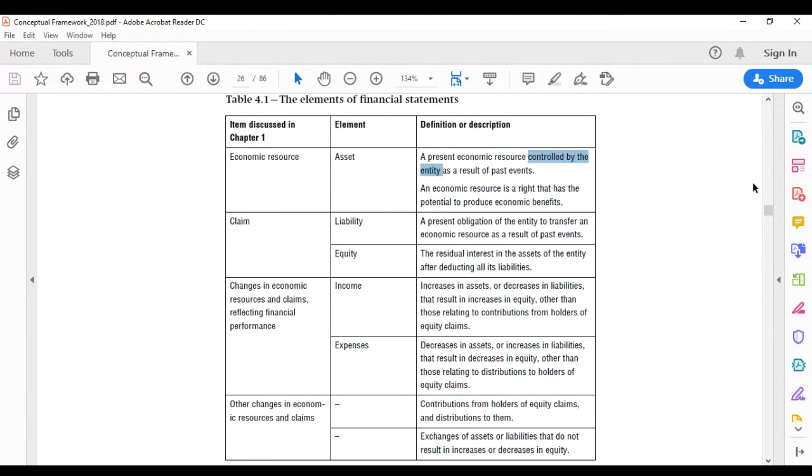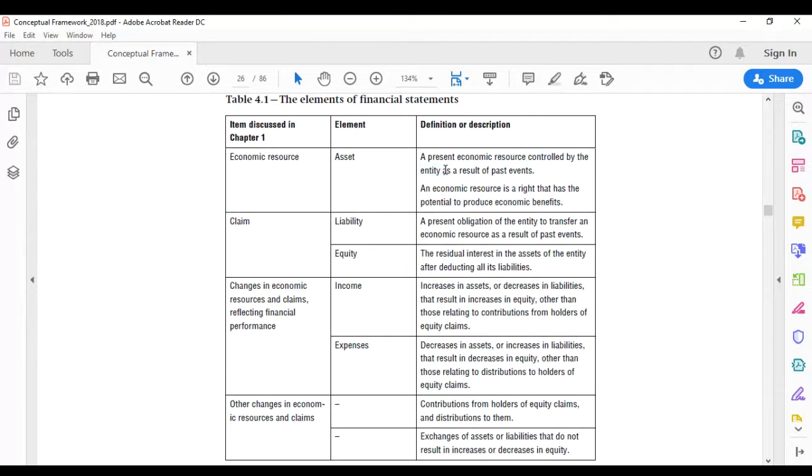A finance lease is a way of funding or financing the acquisition of an asset, but you don't actually buy the asset, but you've got all the benefits and all the responsibilities of ownership of that asset. You are going to use the asset as if you own it, even though you don't legally own it, right? The fact is, it must be controlled by the entity. In auditing, you'll learn about an assertion called rights, which will also then come back to this definition.